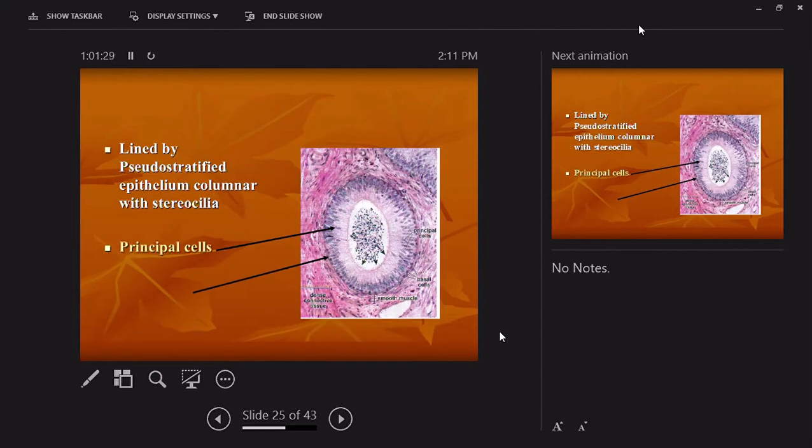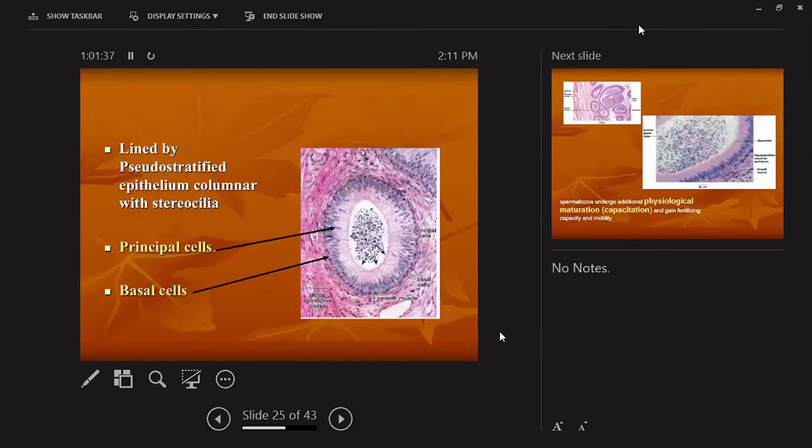You have there your principal cell and your basal cell. That's why you look at it as if you have 2 layers, because of the location of the principal cell and the basal cell.